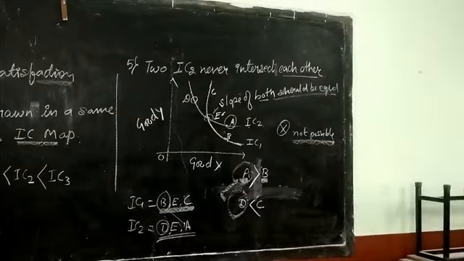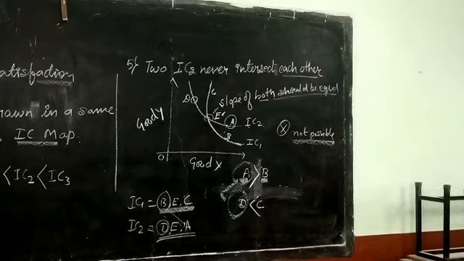Indifference curves do not cross or intersect each other, because in the graphical presentation we are explaining this by point E, the point of intersection. Now we are considering two points, point A and point B, which is to the right and above the point of intersection.